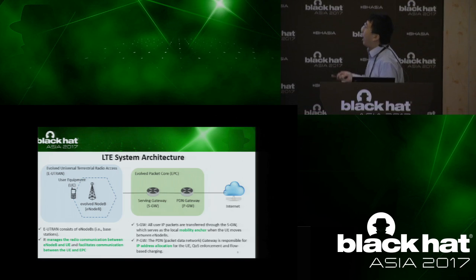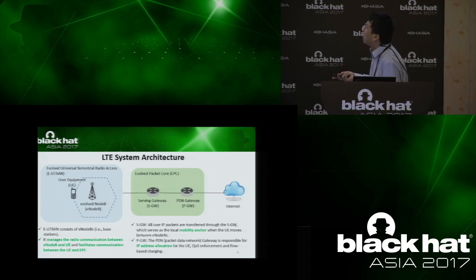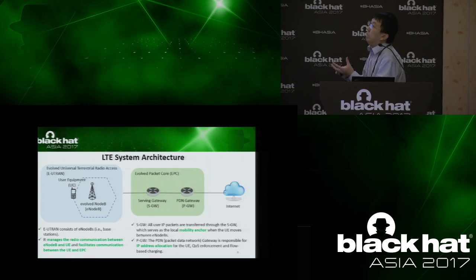So we start from the left-hand side component. The E-UTRAN consists of a set of distributed eNodeBs. eNodeBs are actually the base stations. This E-UTRAN manages the radio communication between the user equipment, basically the mobile device, and the base station. Also, it facilitates the communication with the EPC.